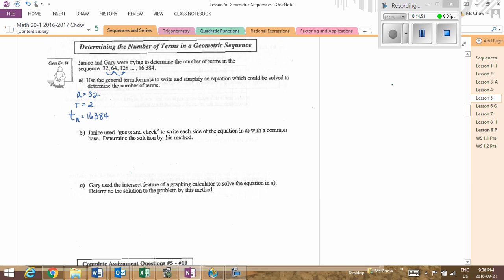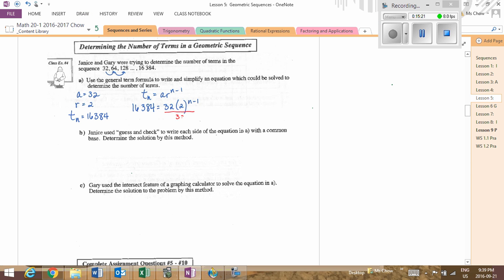So we can say Tn is equal to A times R to the n minus 1, or 16,384 is equal to 32 times 2 to the n minus 1. And if I want to simplify that equation to figure out what n is, I want to isolate, so I will divide both sides by 32.